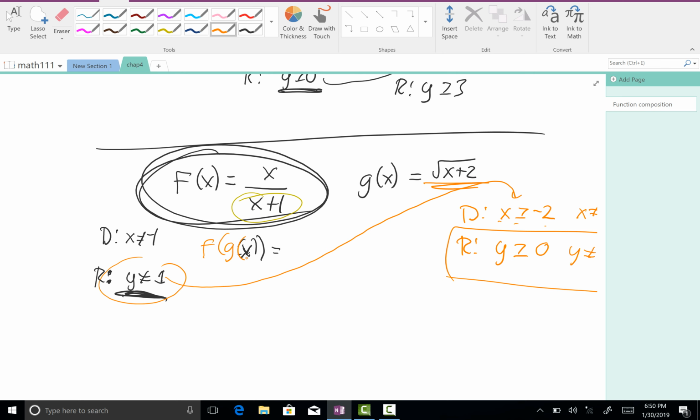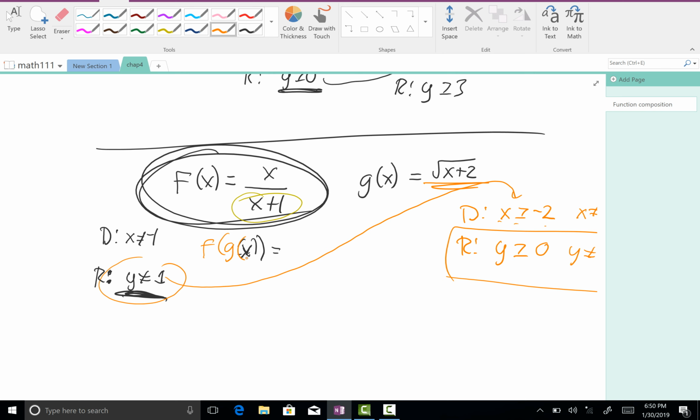Any questions on any of that there? So when we did the f of g of x, or the g of f of x, say we did that one, the domain for that one will be the output of f of x.